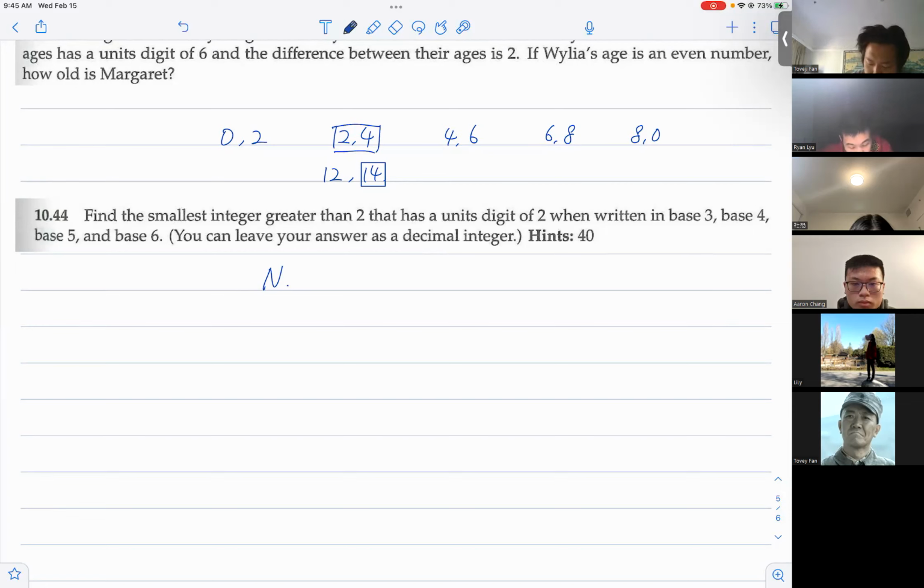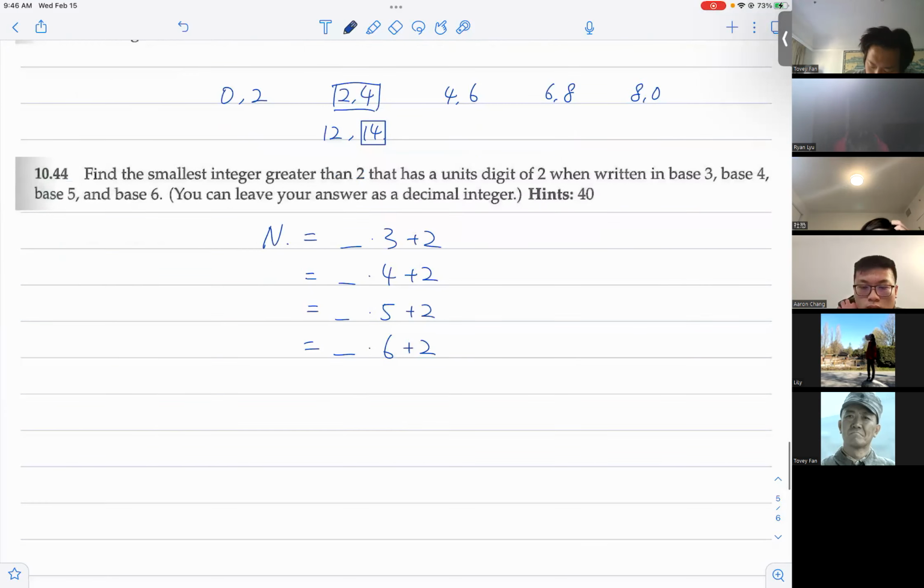So in other words, this n can be written as a number times 3 plus 2, and also a number times 4 plus 2, and also a number times 5 plus 2, and also another number times 6 plus 2. So in other words, n minus 2 is a multiple of all of them.